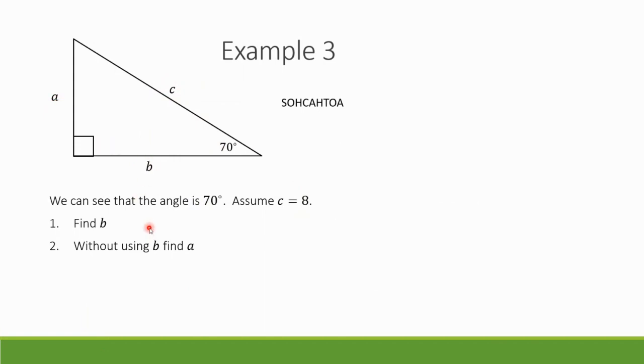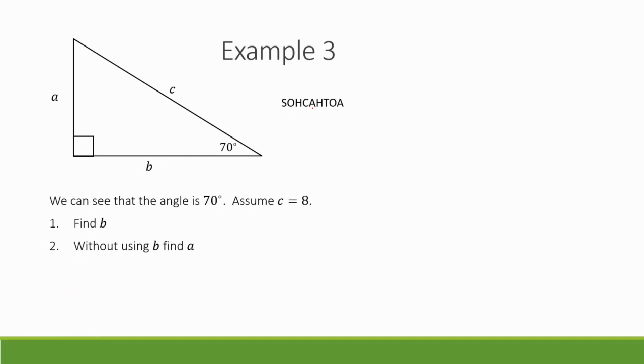Now, to figure out what B is, well, we know the hypotenuse, right? B is the adjacent side, right? B is adjacent.